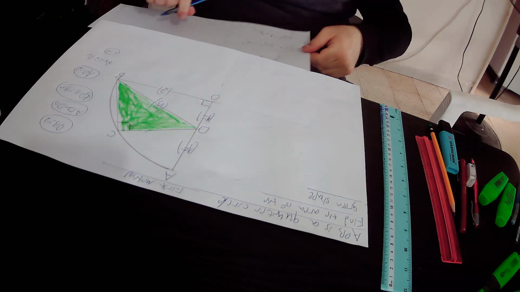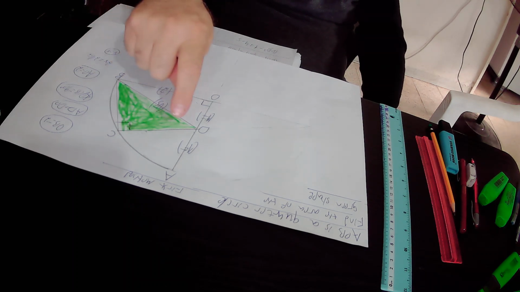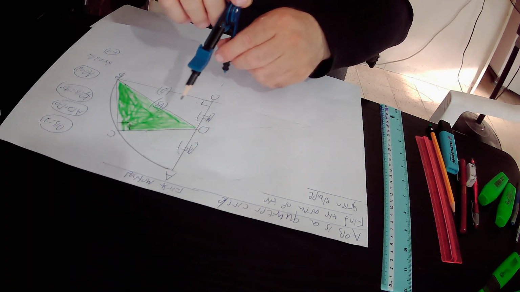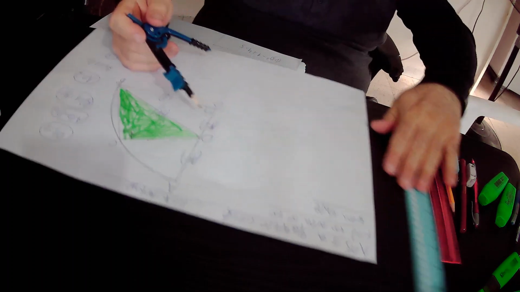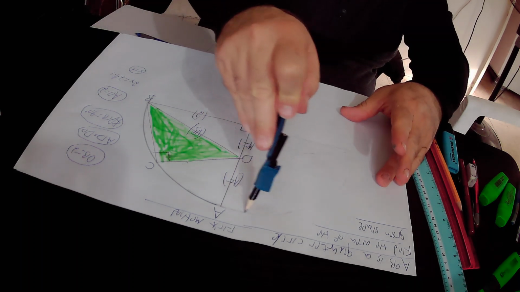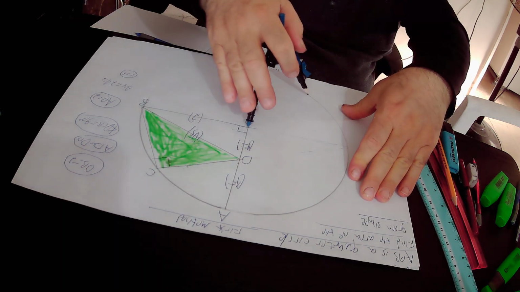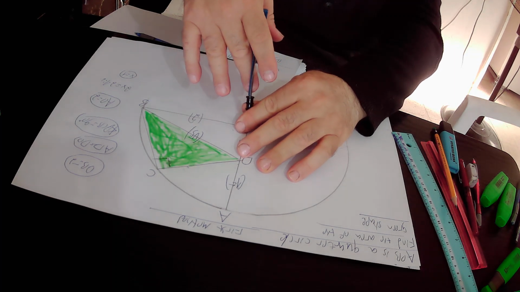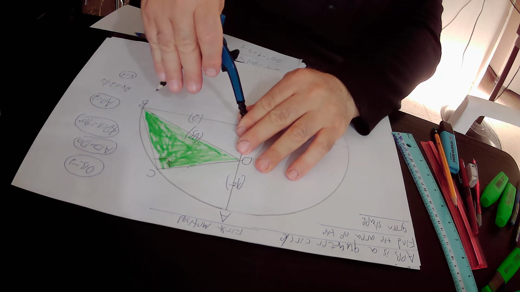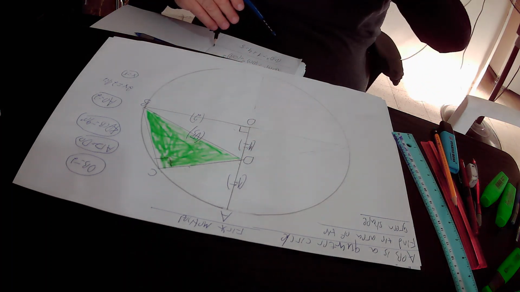In the next step, we'll do a construction, that is to say, we'll complete this quarter circle to a circle. So I completed the quarter circle to a circle.